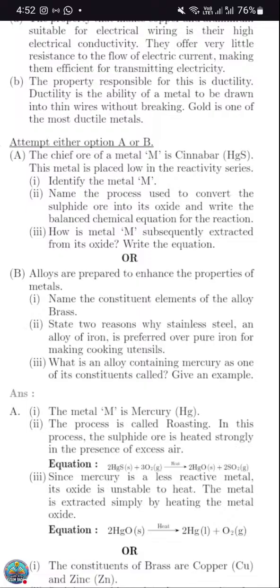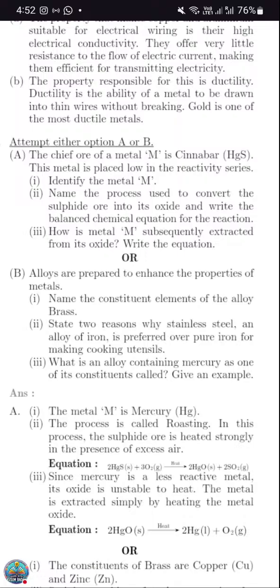Only this single ore was described in your NCERT textbook. This metal is placed low in the activity series, so it is very less reactive. Identify the metal M. Name the process used to convert the sulfide ore into oxide.